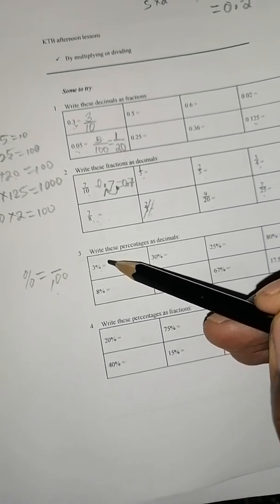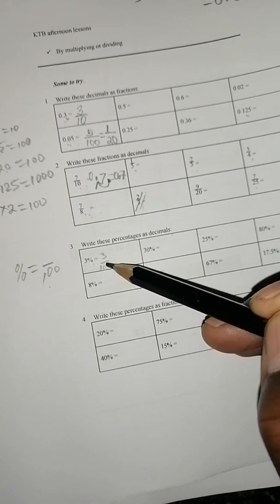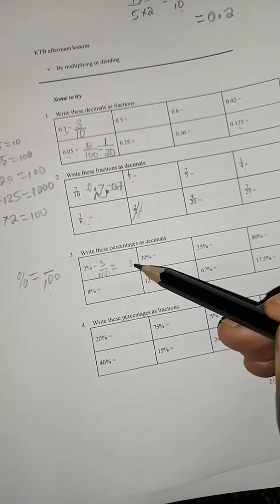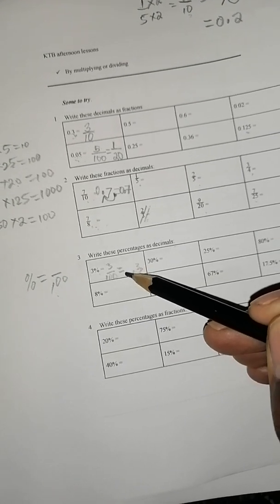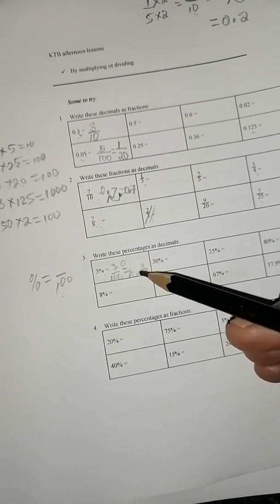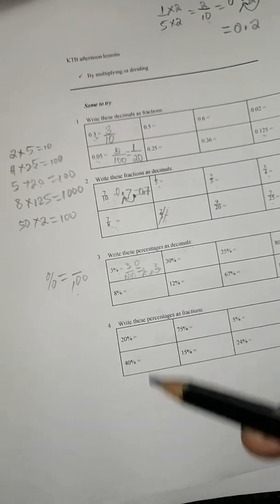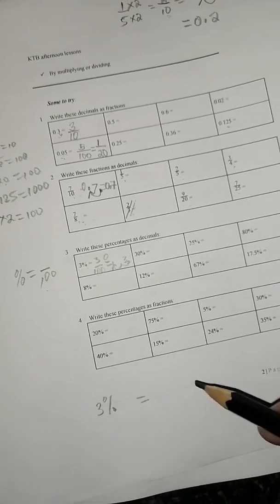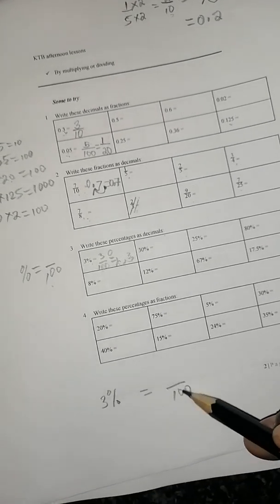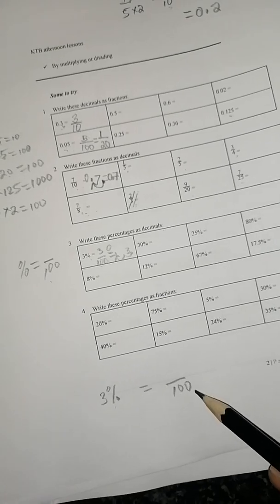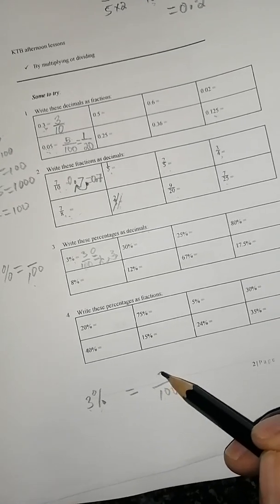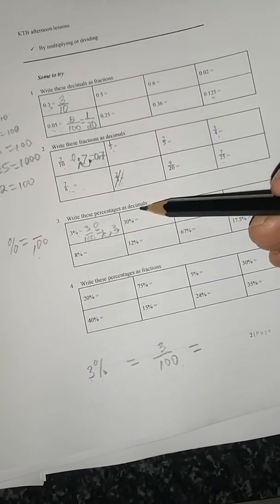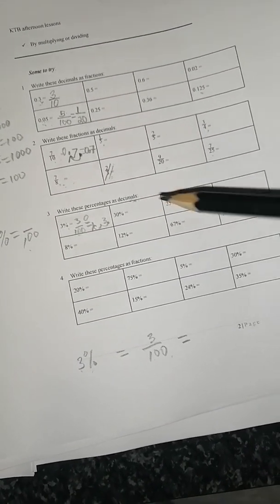In this case, you have 3 out of 100, and in that case you must write your 3, put the point there, move your point 2 times because there are 2 zeros. I'm going to do it here. 3%, then it's out of 100. Already this percent means out of 100, and then I can convert it now to decimals because they are asking decimals.